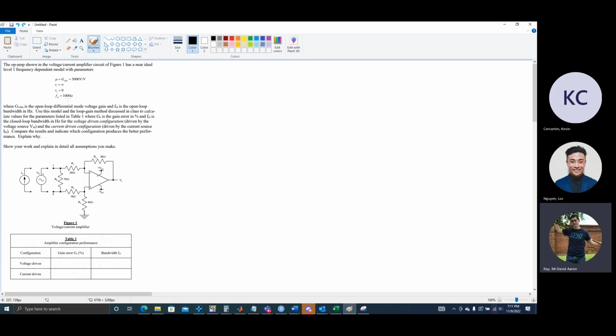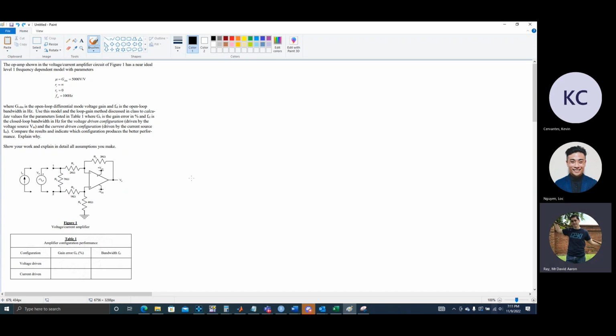Use this model and the loop gain method discussed in class to calculate values for the parameters listed in table 1, where G epsilon is the gain error and FCL is the closed loop bandwidth in hertz, for the voltage driven configuration and then the current driven configuration. Compare the results and indicate which configuration produces the better performance.